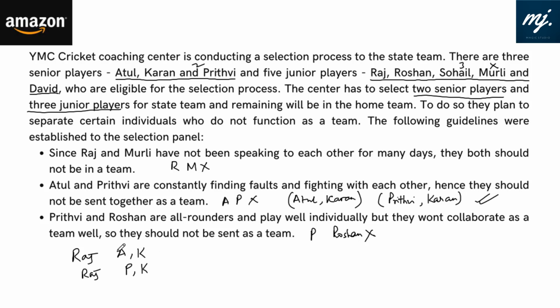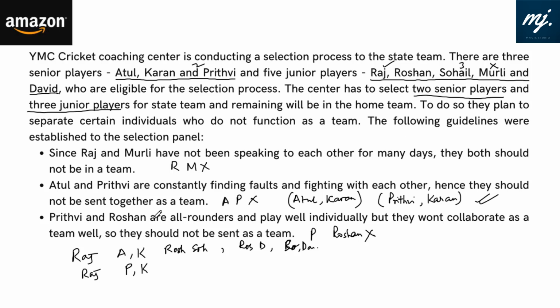So, if Atul and Karan are there, and Raj is there, out of Roshan, Sohail and David, we need two more. We can have Roshan, Sohail, we can have Roshan, David, or we can have Sohail, David.